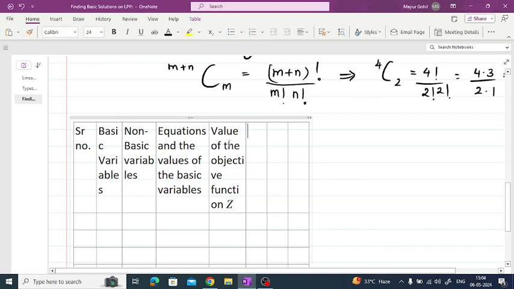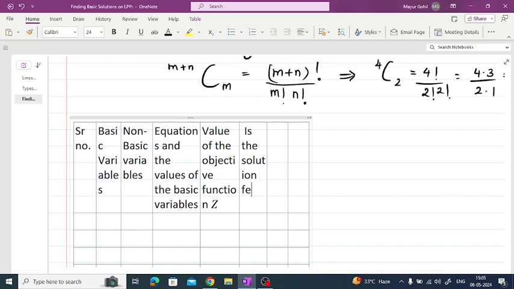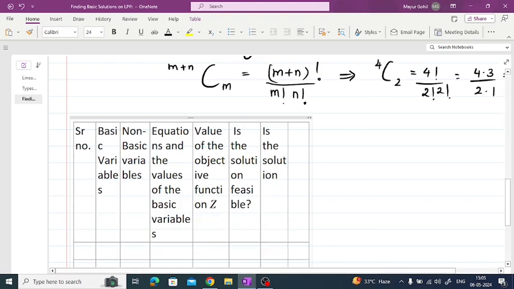The next one is, is the solution feasible, that would be required. Then next what we would need is, is the solution non-degenerate or degenerate, either one you can take.